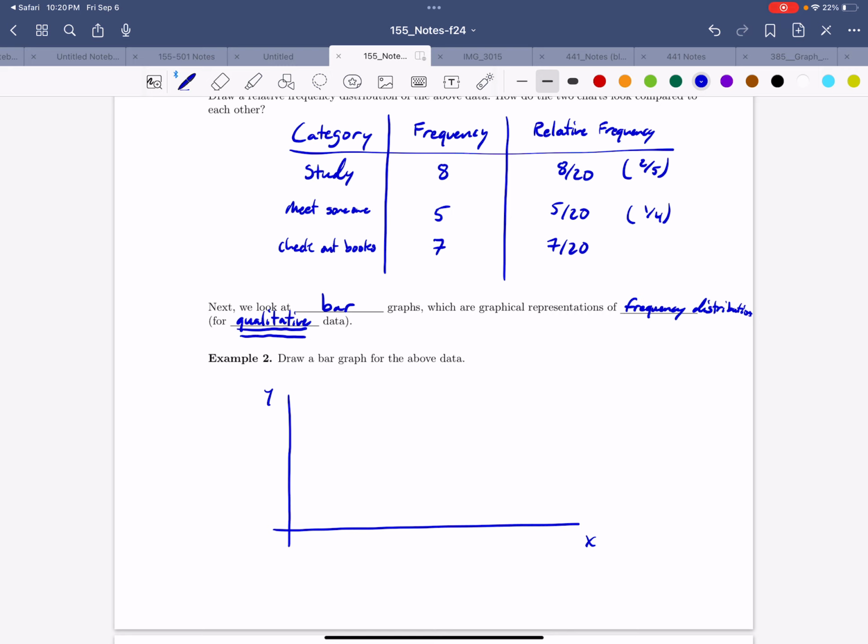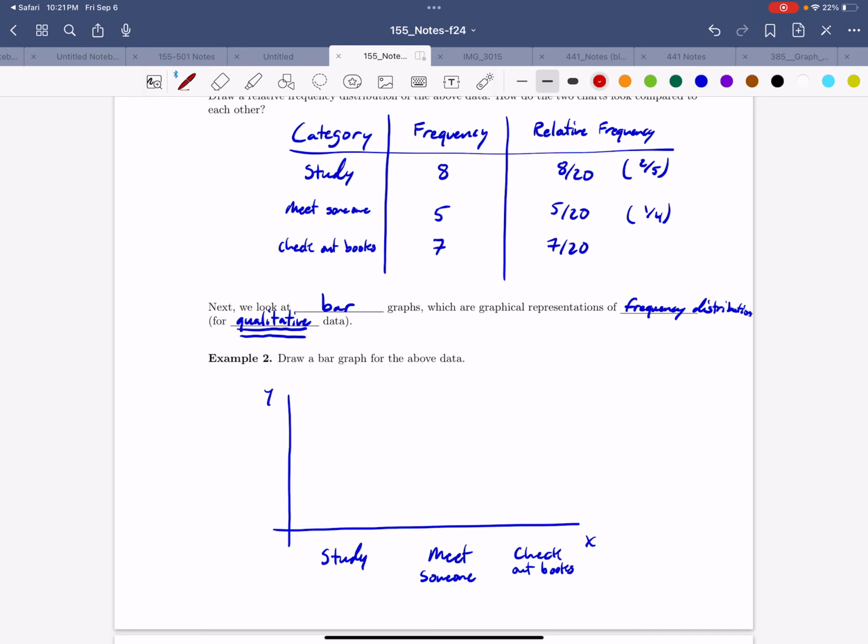So anyway, we put the categories on the x-axis. Maybe I'm running out of room here, so one thing you can do is write meet and then put someone below. And then here, check out books. Squeeze that in there, okay?